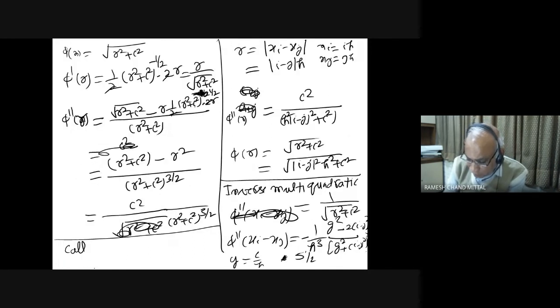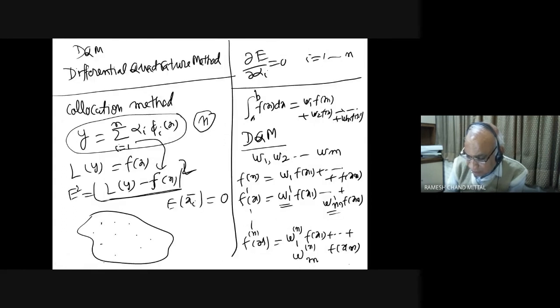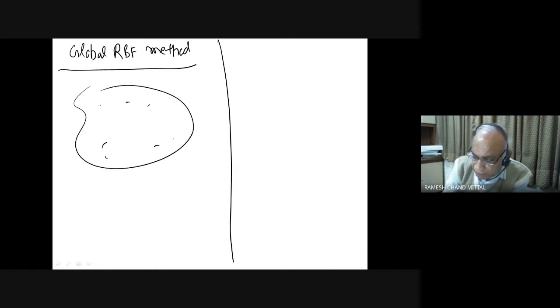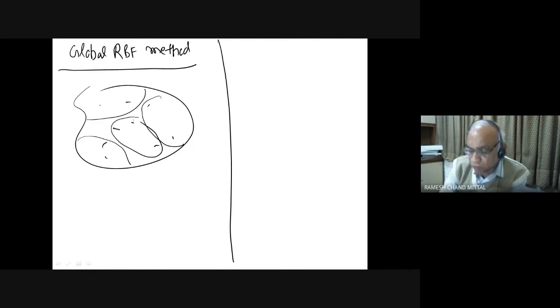I want local approximation. When I say local approximation, the meaning is that though I have the same points, I group a smaller set, and my RBF is applied only to these smaller groups. I do not consider the total points. So there will be approximation for these 2 points, and for these 3 points, and these 3 points.